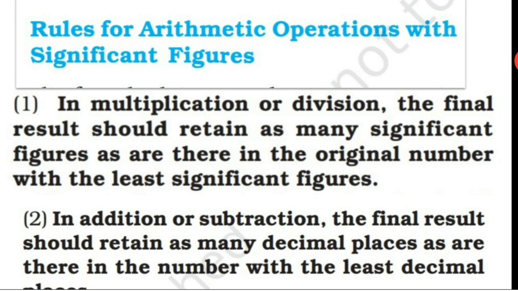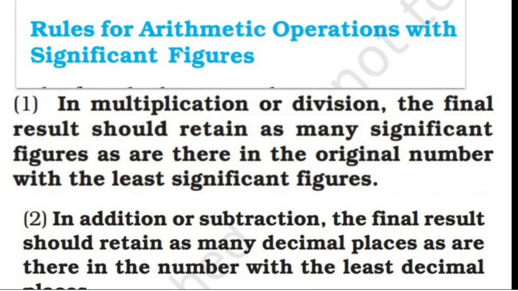Here are the rules for arithmetic operations with significant figures. The first rule is, in multiplication or division, the final result should retain as many significant figures as are there in the original number with the least significant figures.